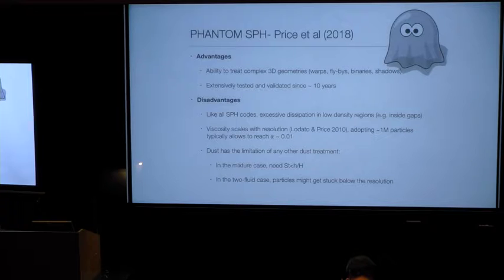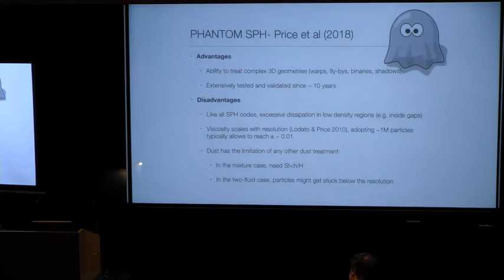It's well known that the viscosity scales with resolution, and if you calibrate that, it turns out that if you use 1 million particles, which is the number of particles that people usually use these days, you basically reach a viscosity down to 0.01 in terms of alpha, not much below that.